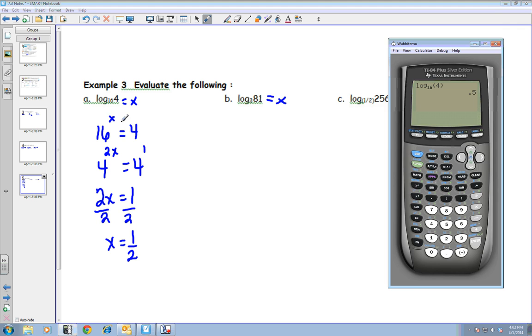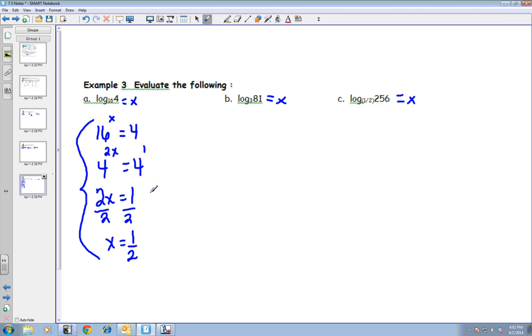Okay, now you will have to show these steps because on the test, you're not going to be able to use your calculator on that part. So evaluate these. I'm going to rewrite it. My 3 is my base, x is my exponent, equals 81. So now I need to rewrite both sides using the same base. So I have 3 to the x equals 3 to some power.